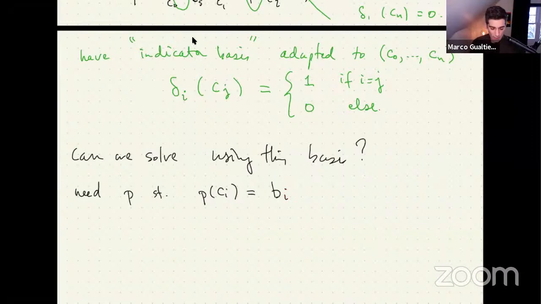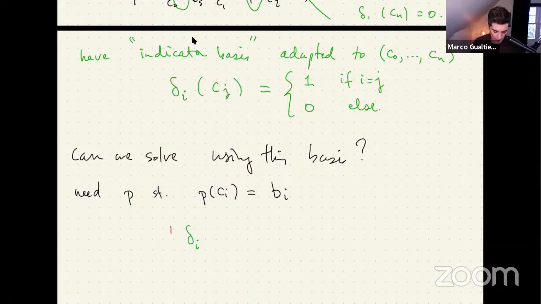So I might as well use that one, right? So if I use delta i, that one is going to be very helpful because the value of delta i at Ci is equal to 1.